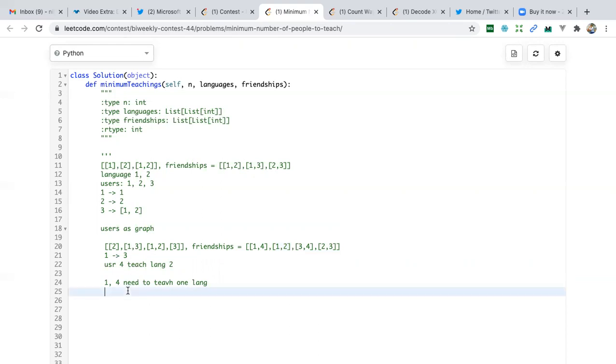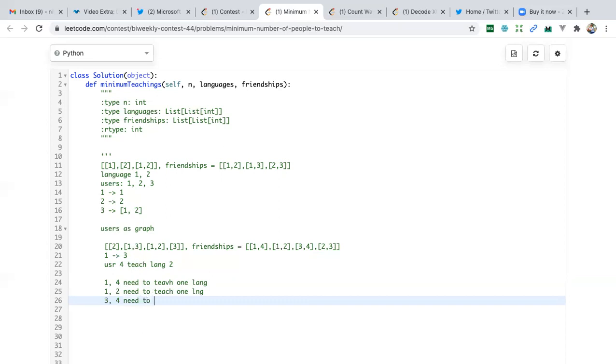So 1 and 2 need to teach one language. Okay. And 3 and 4 are friends, and 3 speaks 1, 2, and 4 speaks 3. So 3 and 4 need to teach one language.